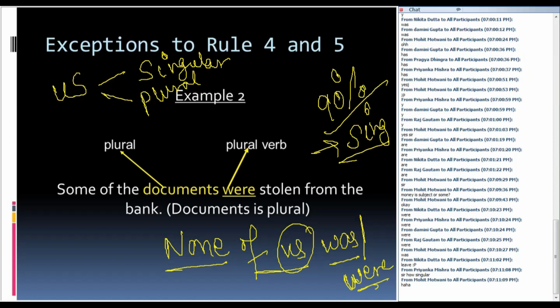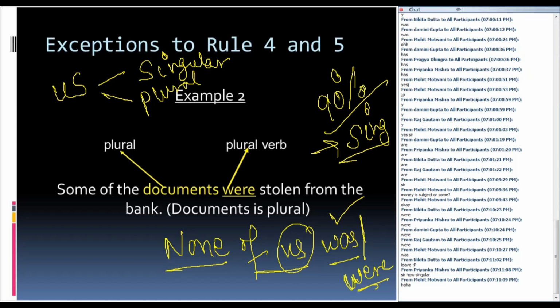So this is the general rule. To be on the safer side, it is always advisable to mark was. None of us was going to attend the party. If you are in such a situation, it's better to mark a singular verb.